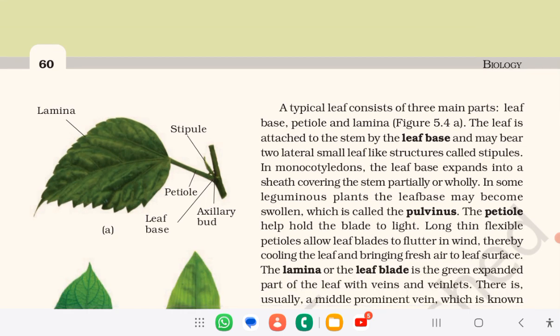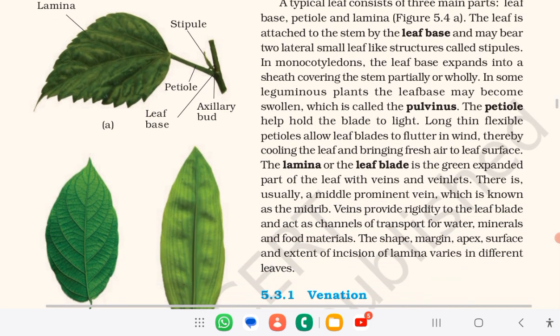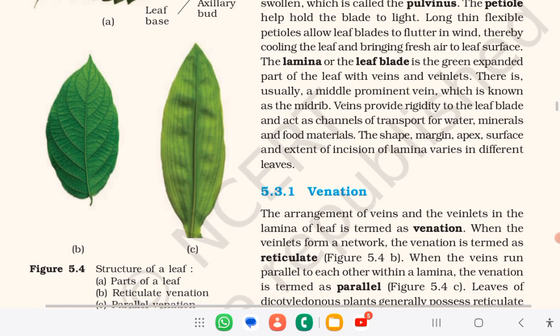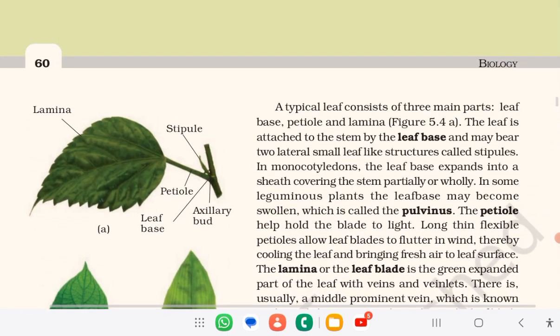As you can see in figure 5.4, a typical leaf consists of three main parts: leaf base, petiole, and lamina. The leaf is attached to the stem by the leaf base and may bear two lateral small leaf-like structures called stipules.